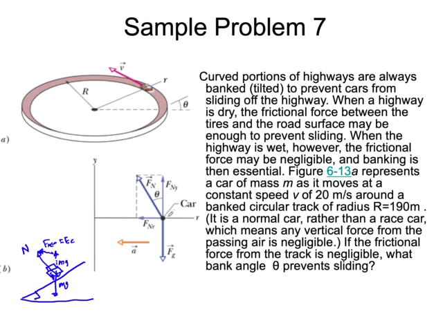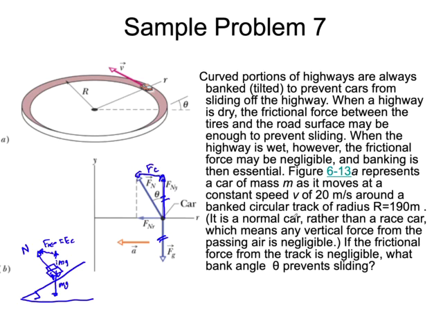Up here you can sort of see a redrawing of it. Force of gravity down this way, normal force this way. If you break this into two components, this vertical component has to be equal to the force of gravity, and this piece right here is going to be equal to the centripetal force.